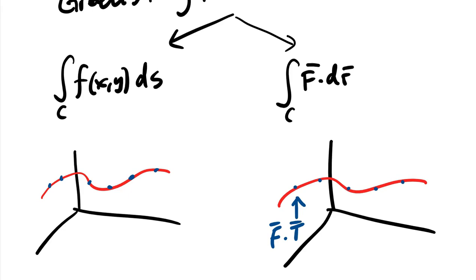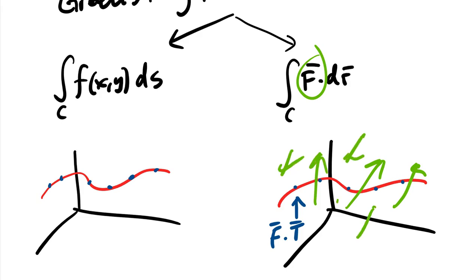I'll do the vector field in green. So you have this green vector field going through everywhere. Those blue dots are going to be the vector field dotted with the tangent lines everywhere. That's why this one is often the line integral for work.